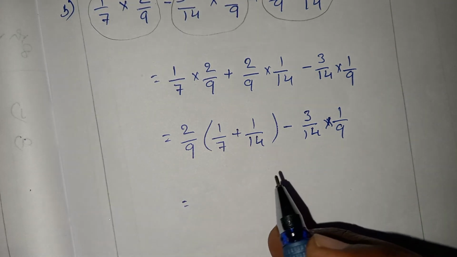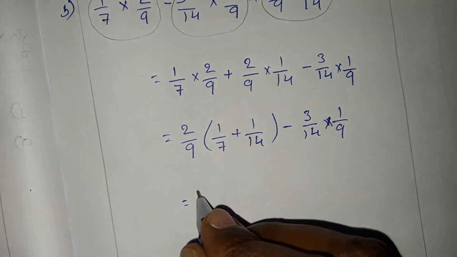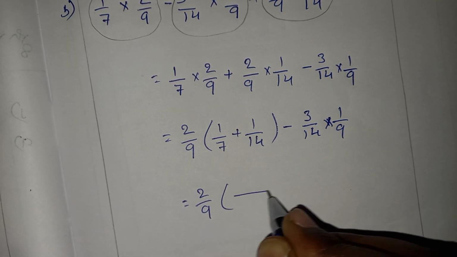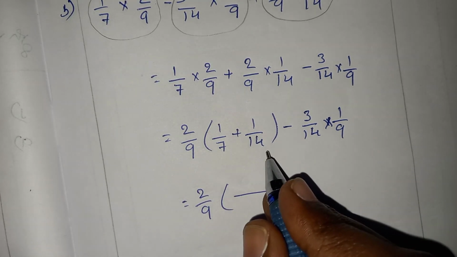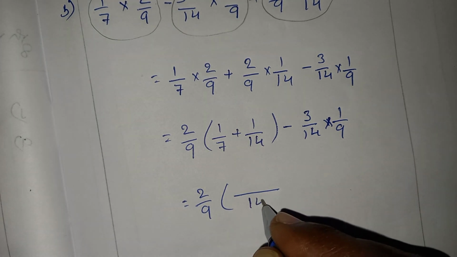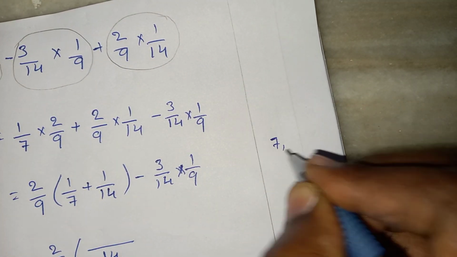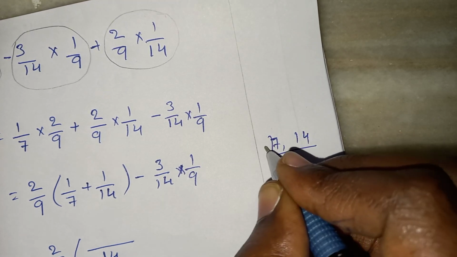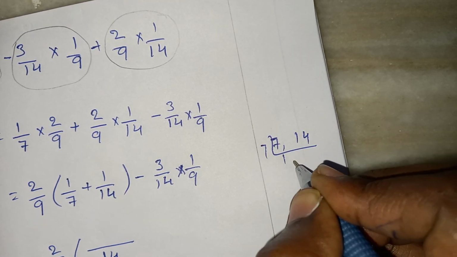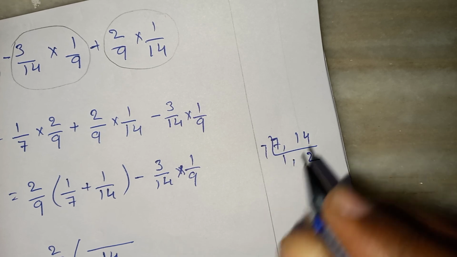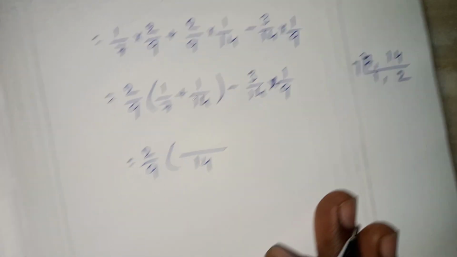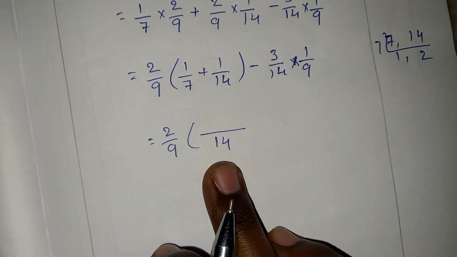Now 2 by 9. What's the LCM of 7 and 14? It's 14. If you have any problem, you can do 7, 14. Let us take 7 only. 7 ones is 7, 7 twos are 14. So the LCM of 7 and 14 is 14.